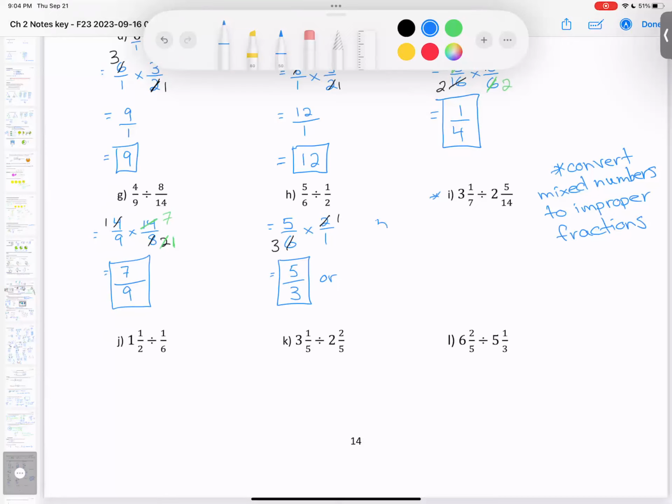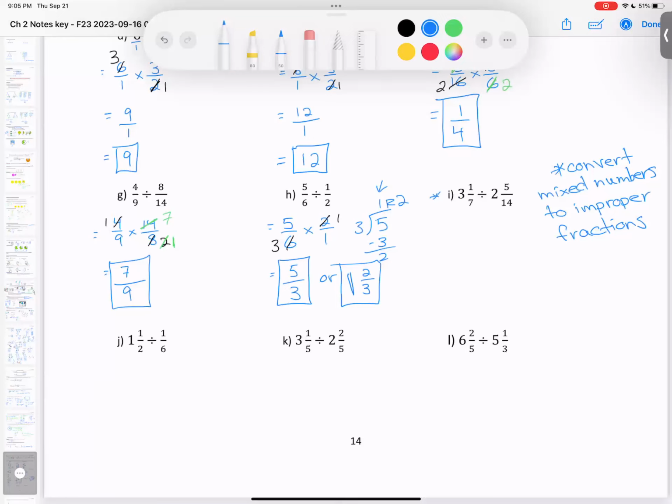Remember, you can do kind of the long division. 5 divided by 3 will go once, and you get a remainder of 2. So that means your mixed number is 1, that number up here, and then 2 over your divisor of 3. So either way, you can write whichever way you prefer, unless it's stated that it wants a mixed number or something.